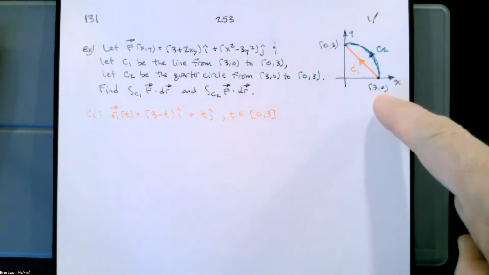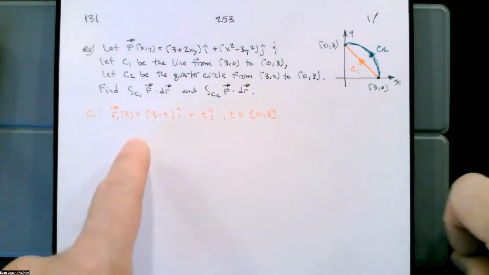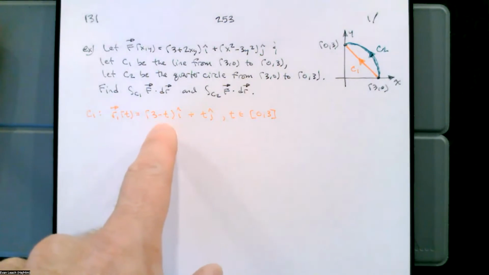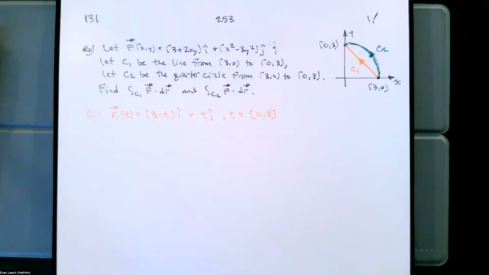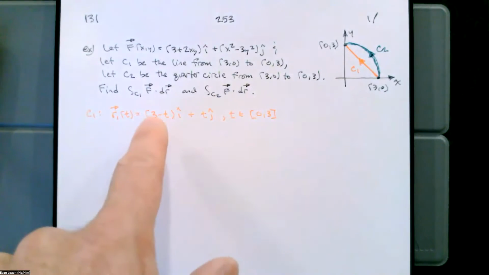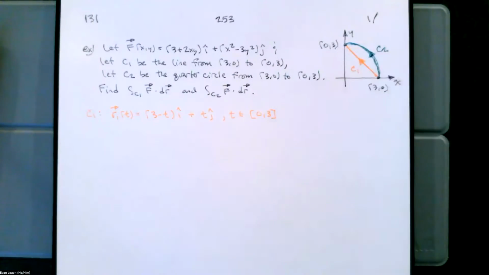When t is 0, we get (3, 0). That's what we wanted. When t is 3, we get (0, 3), and that's what we wanted for our endpoint. So 3 minus t for the i, t for the j, run t from 0 to 3.